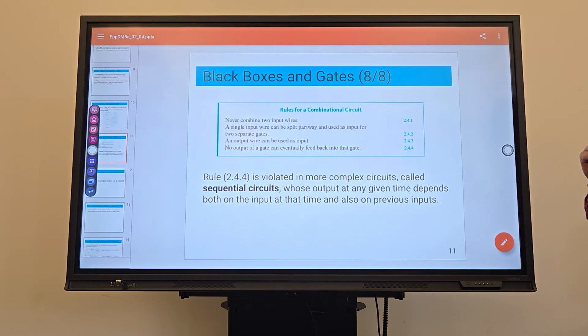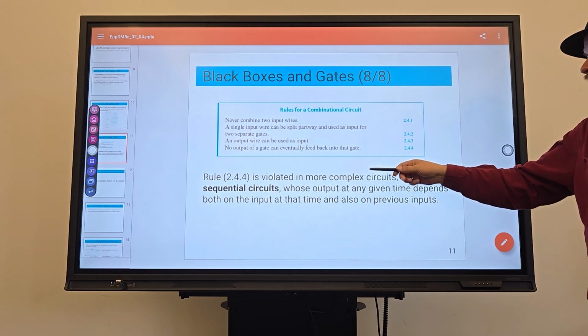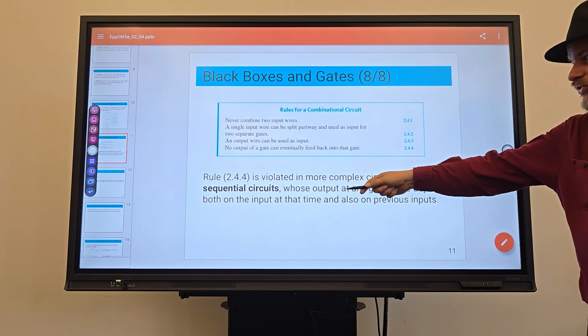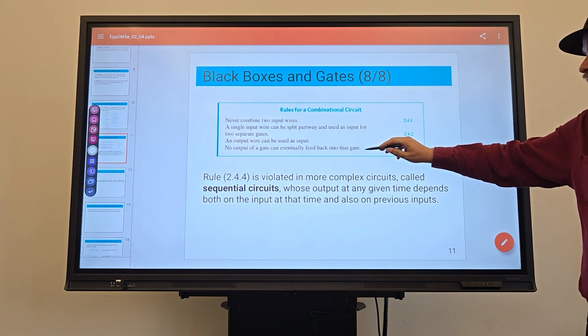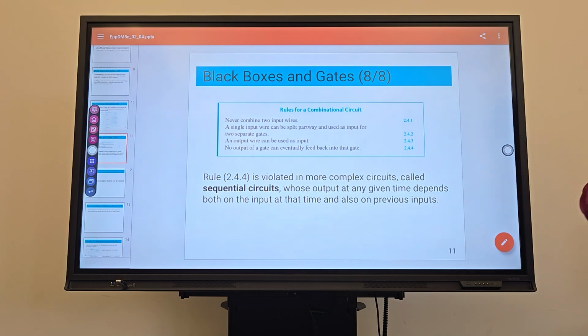And no output of a gate can eventually feed back into that gate. Now this is not the case with sequential circuits where there is feedback into the system. But for combinational circuits, you don't have the feedback into the inputs of the gates.